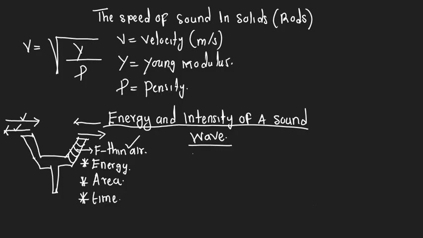If that is the case, then if we were to calculate the intensity, our intensity is going to equal the energy which is enabling the movement of these particles, over the change in time, multiplied by the inverse of area, which is just 1 over A.